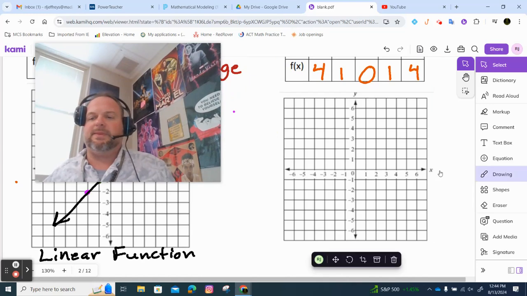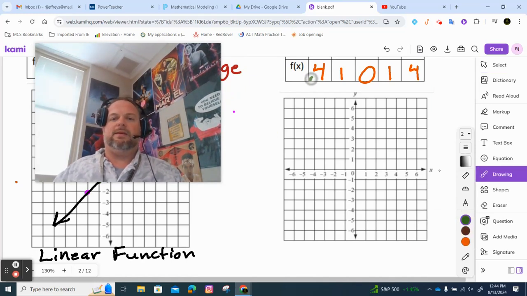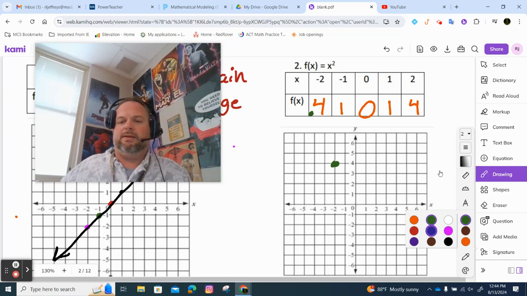Now, plotting the points. -2. I start here like the origin story. 1, 2, 1, 2, 3, 4. Okay.